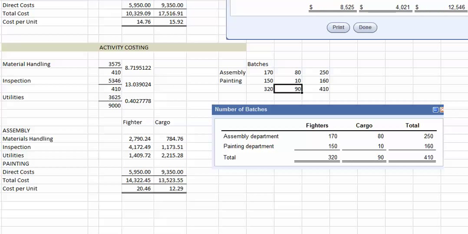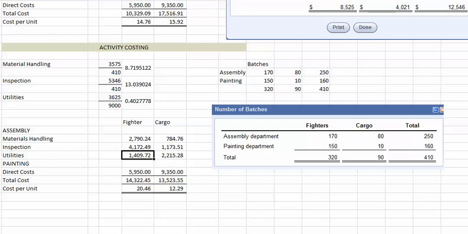Batches for a cargo plane were 90, and so to allocate overhead there, again, we take our predetermined overhead rate, $8.72, multiply it by 90, which is our number of batches. For inspection, we're going to do the same thing. We take our predetermined rate times 320, and for the cargo planes, our predetermined rate of 13 times 90 batches.